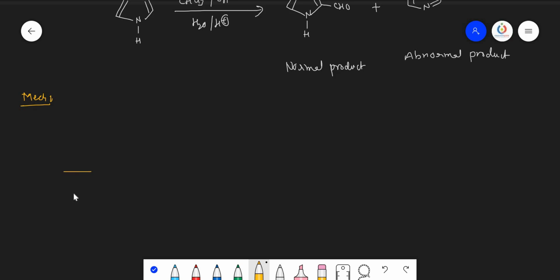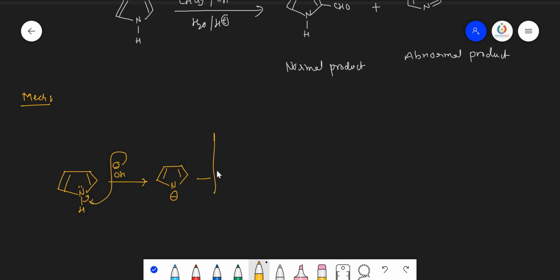It is simple. I'll take the pyridine first. Lone pair of electrons are present, and we use the OH minus, which abstracts this proton, and the electrons will be shifted over there. Negative charge.